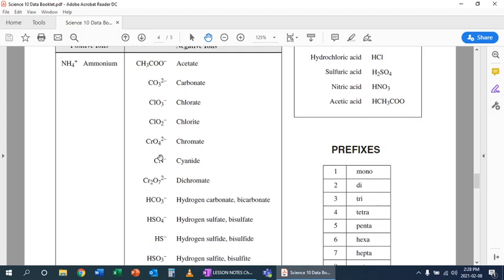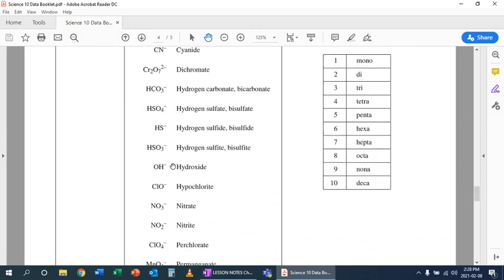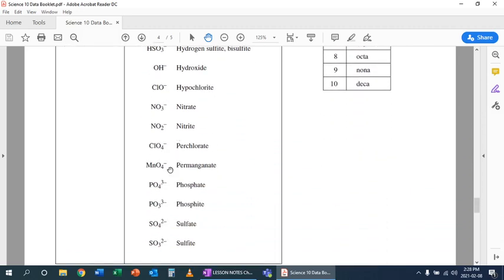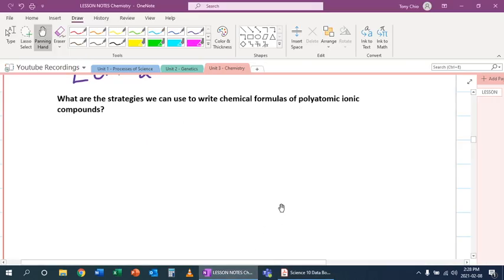Let's say, for example, cyanide. Cyanide is CN minus, multiple atoms, carries a charge. Hydroxide, OH minus. Phosphate, PO4, 3 minus. So these are our polyatomic ions. So what do we do? To write the chemical formula of these polyatomic ions, it's the same as before.